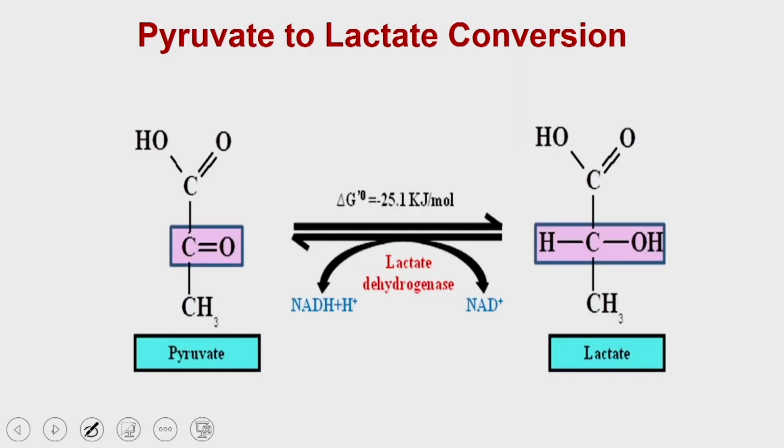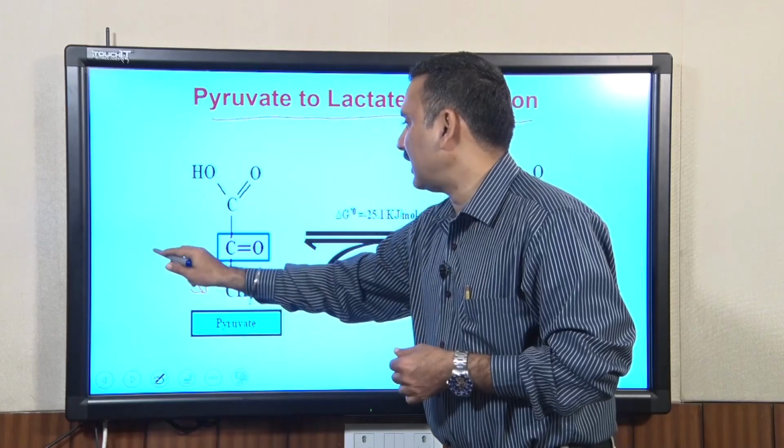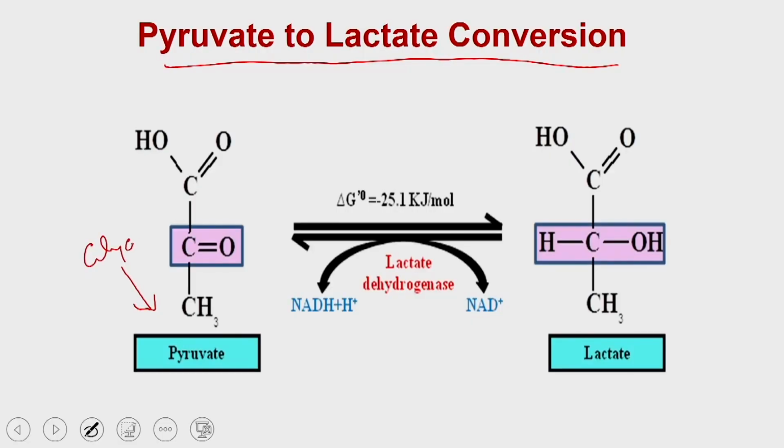Let us start with the first reaction, which is the conversion of pyruvate to lactate. As we said, this pyruvate is generated from glycolysis. From glycolysis you have utilized the glucose molecule and produced pyruvate. In the absence of oxygen, the pyruvate will not enter the Krebs cycle.